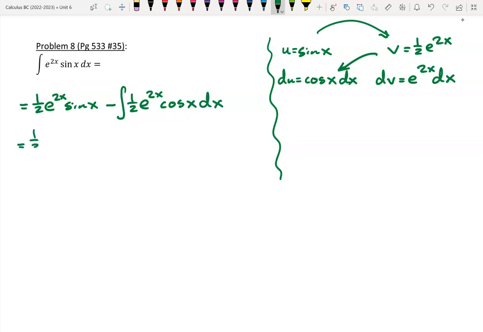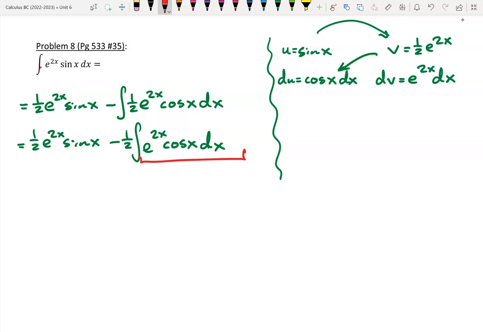So we have 1/2 e to the 2x sine of x minus 1/2, and then that will be the integral of e to the 2x cosine of x dx. And really, if you look at this, it's not much better than what we had. But let's try another layer of integration by parts.